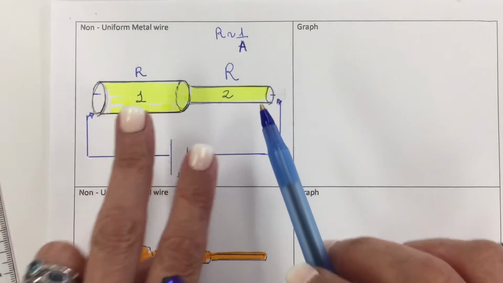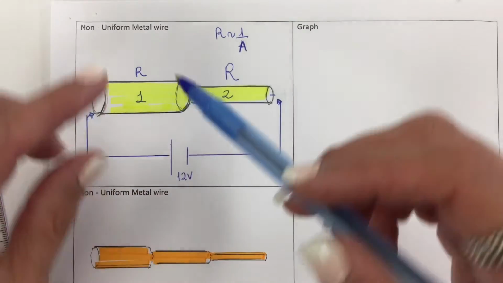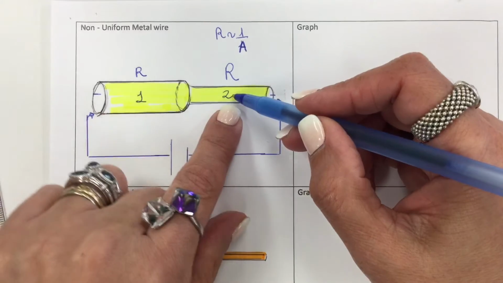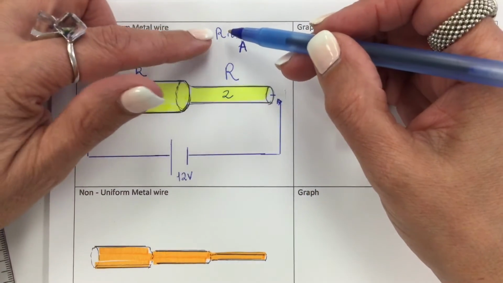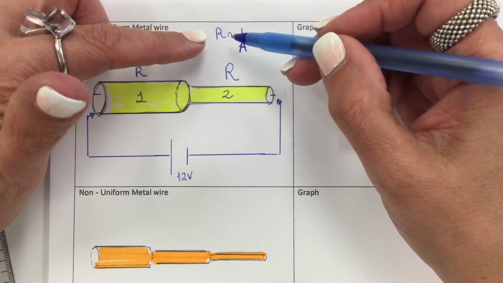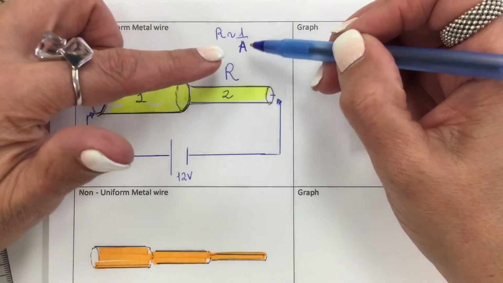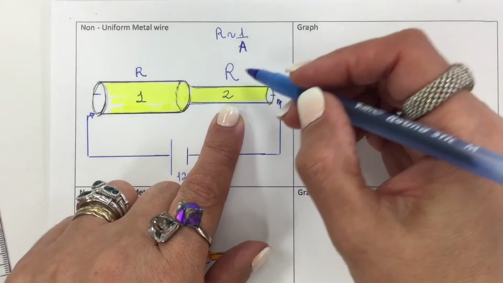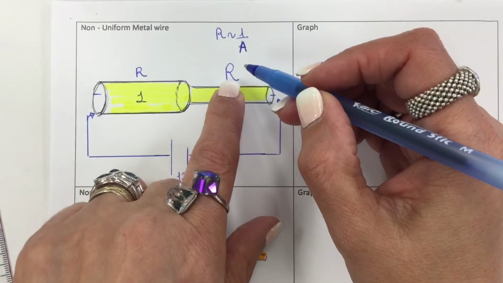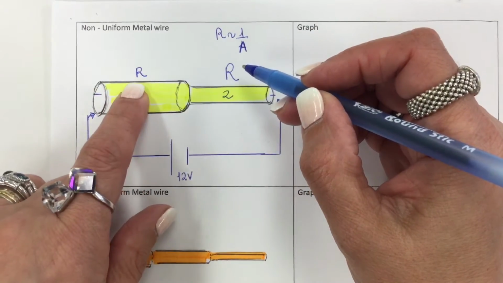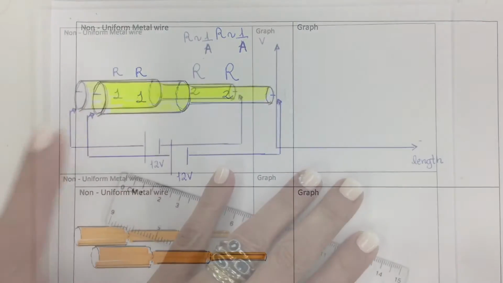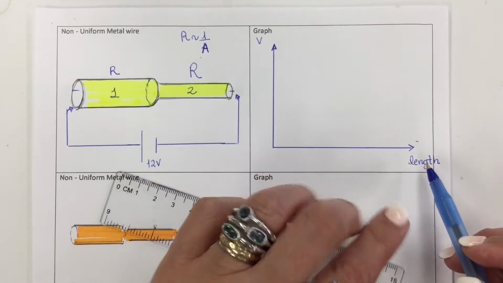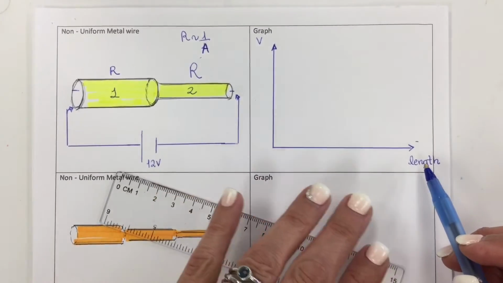Because we have two defined cross-sectional areas, this one is greater than this one, and we know that the relationship between resistance and cross-sectional area is inversely proportional. So if this is smaller, my R is larger than this one, which is bigger. Again, the longer the wire, the greater the resistance.